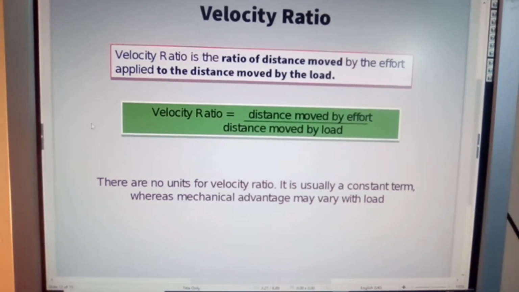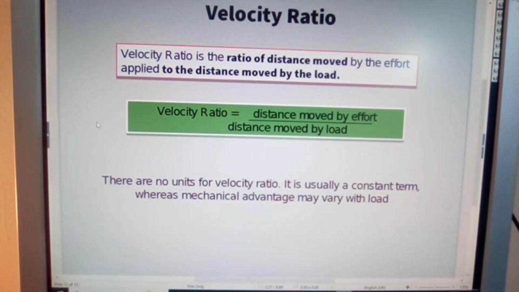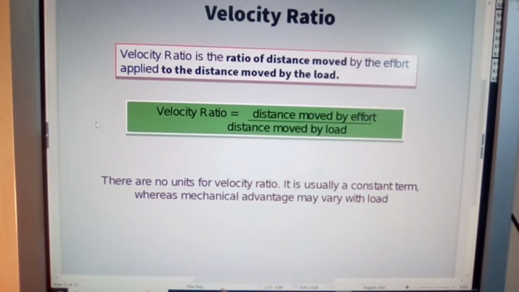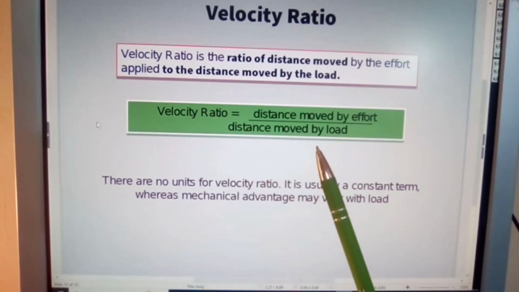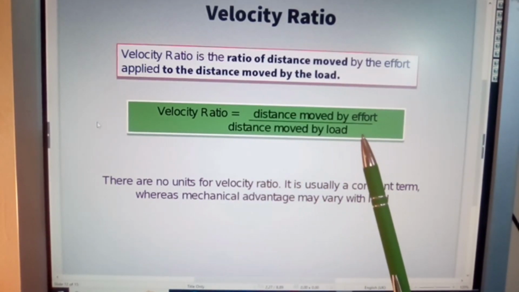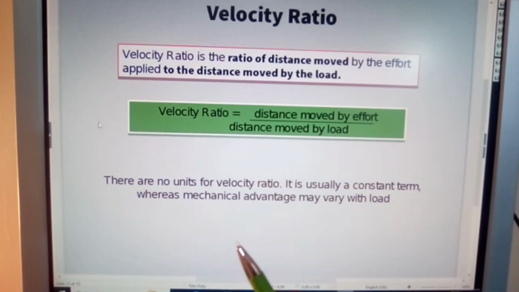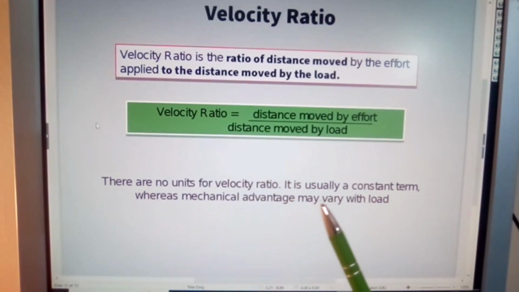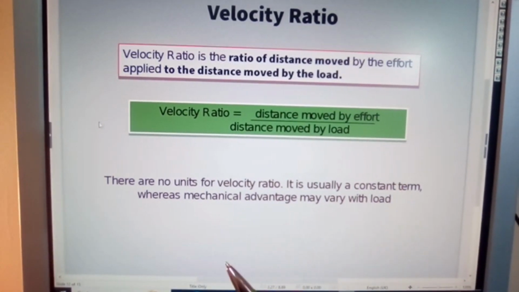Velocity ratio equals distance moved by effort over distance moved by load. There are no units for velocity ratio. It is usually a constant term, whereas mechanical advantage may vary with load.